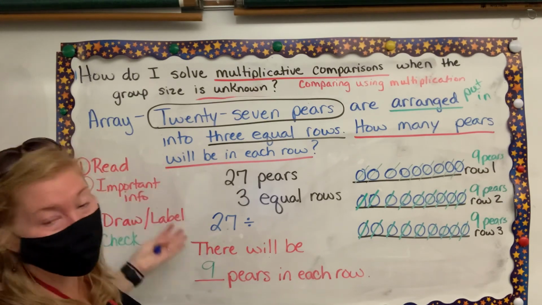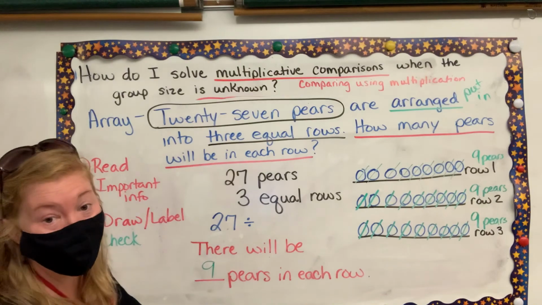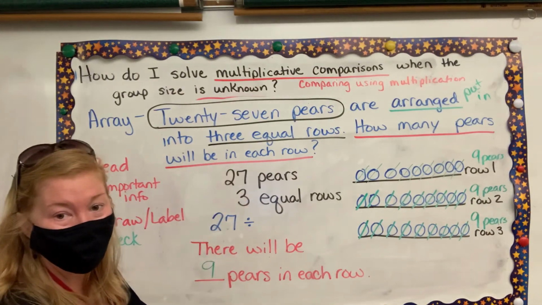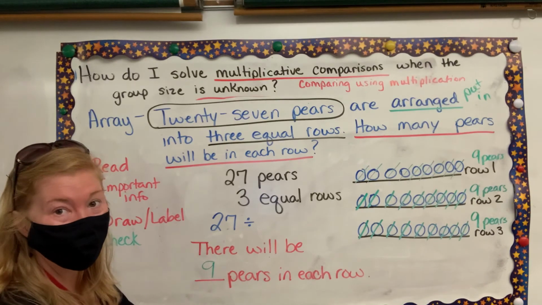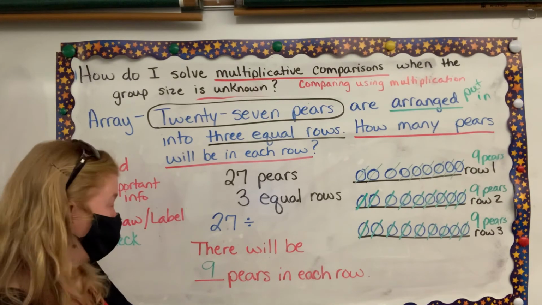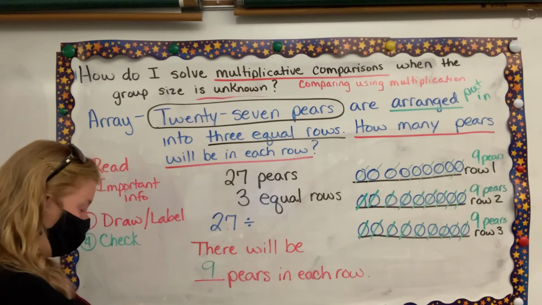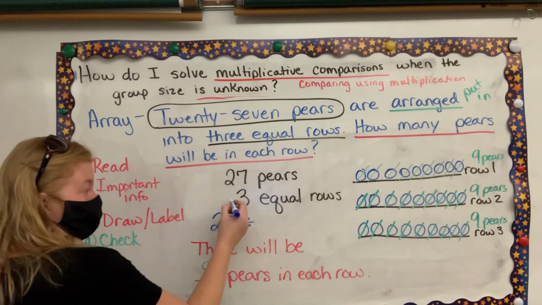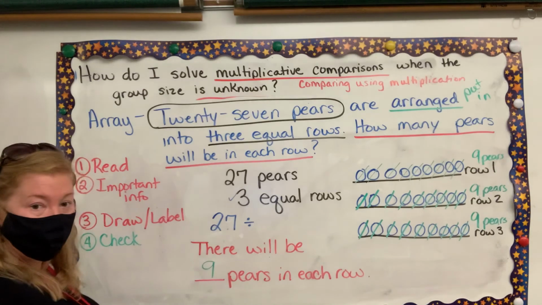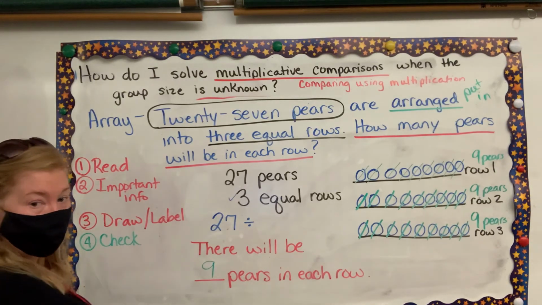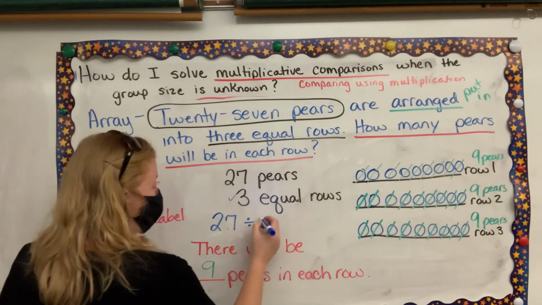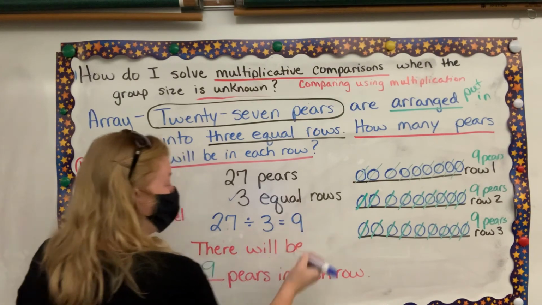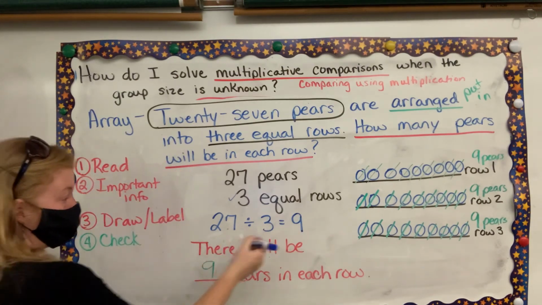You can't use something you don't know. So if you're going to do division from the beginning, you have to use what you know. 27 divided by what? You only know one other thing. What's the other thing you know? 3. 27 divided by 3, which would give us the 9 that we needed.